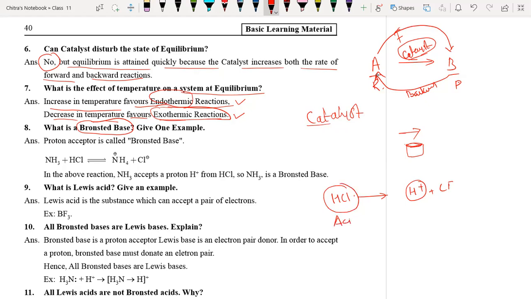I was explaining about acids. What are acids? We've already gone through that. Acids are the substances that, when they dissolve in water, produce hydrogen ion or H positive ion. Now just think differently.